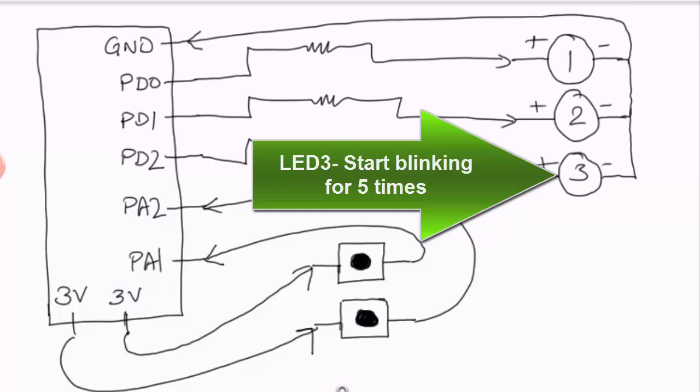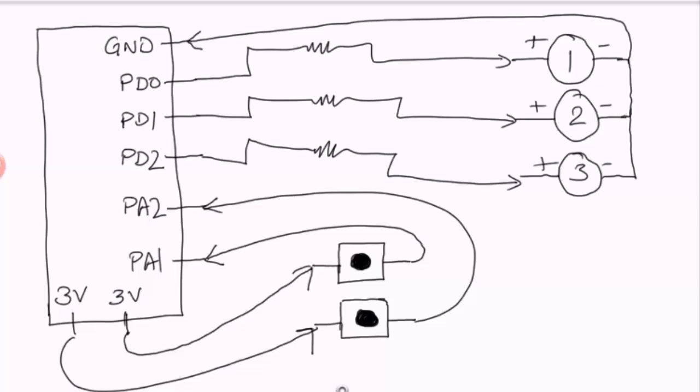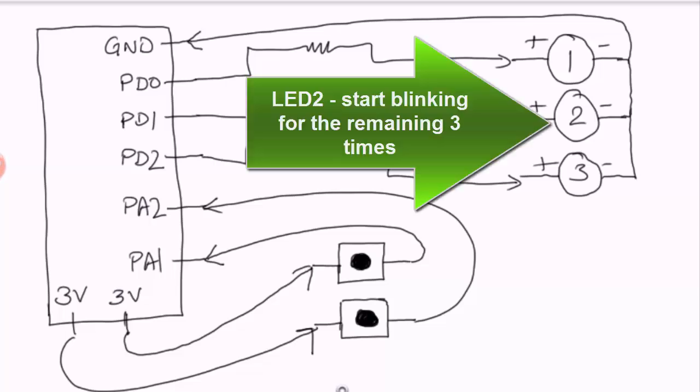Now after LED3 is done blinking 5 times, the execution will return and resume where it was put on hold earlier. If you remember, LED2 had blinked 2 times before switch 2 was pressed. So it will now start blinking the remaining 3 times.